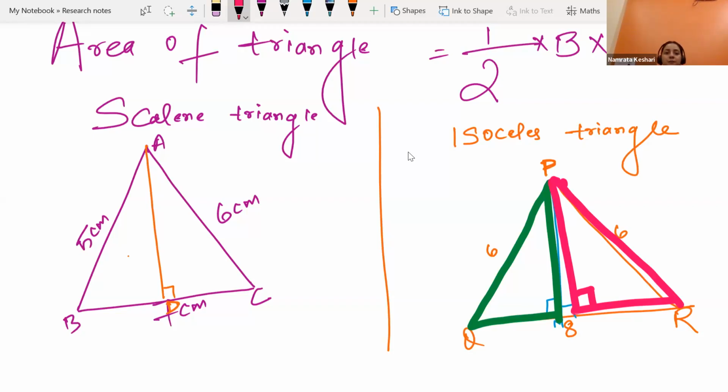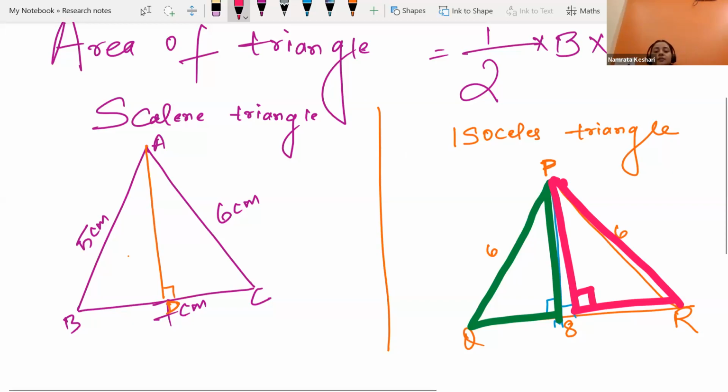Why did we start discussing the congruency? Because we want to find the height, and congruency will help us find the height over here. Think about it.